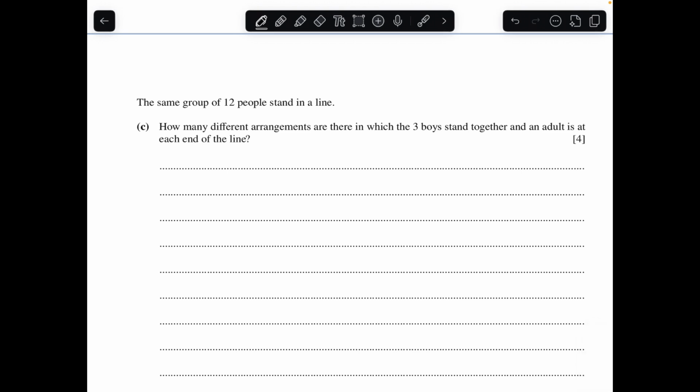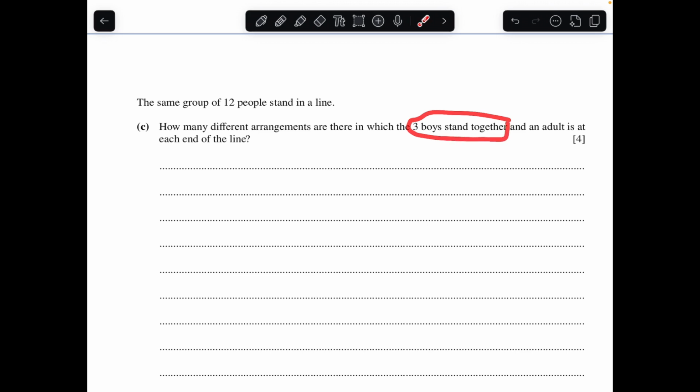The last part is pretty unique and quite different from the rest of the questions that we have discussed over here. The same group of 12 people stand in a line. How many different arrangements are there in which 3 boys stand together and an adult is at each end of the line? Remember, now we have 3 boys, so they stand together.